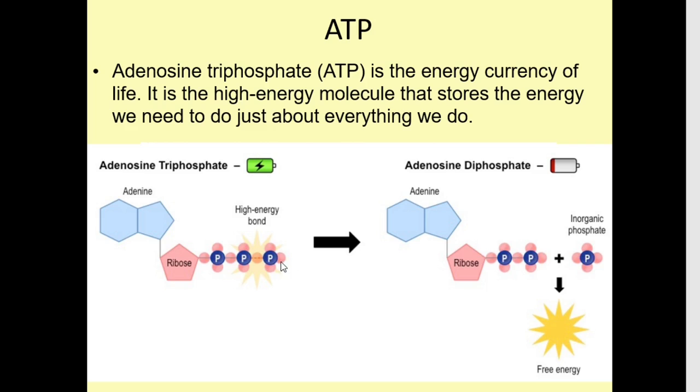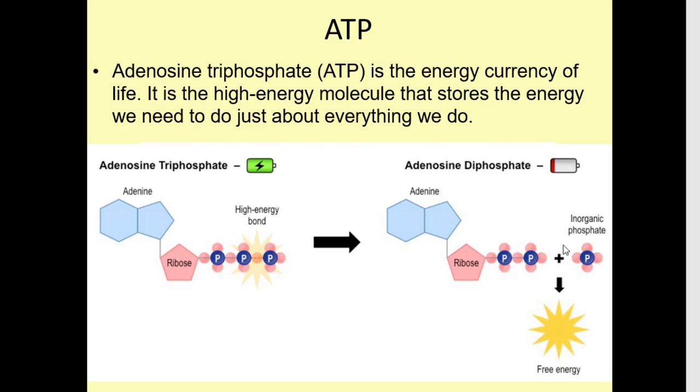It will repel from these other two phosphate groups, and as it does that, it will release energy. So you can see here ATP is represented as a fully charged battery because of these high energy bonds between these repelling phosphate groups. You break that bond, the third phosphate group fires off, and that releases energy. And we can see that on the right hand side here.